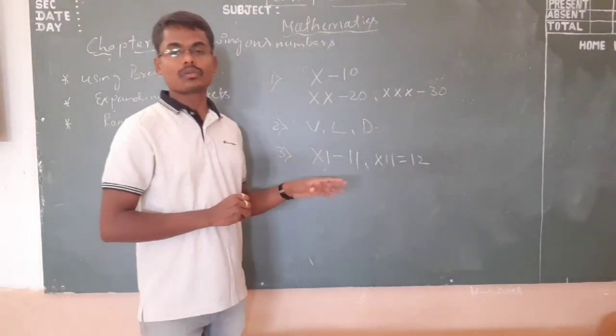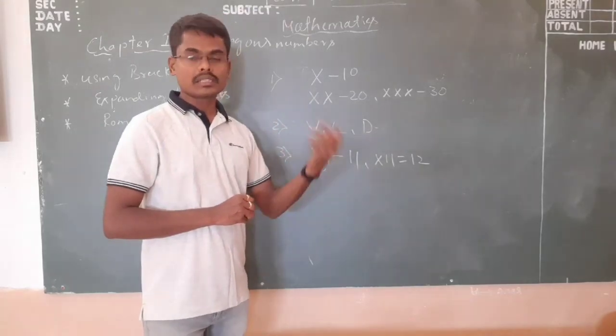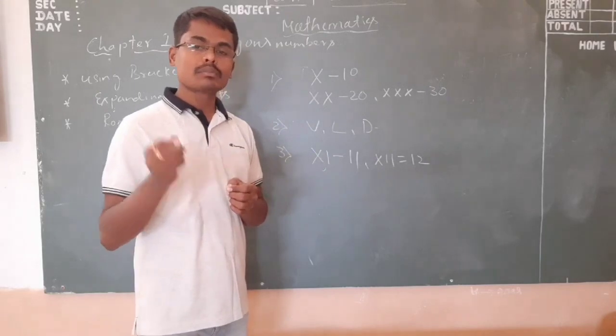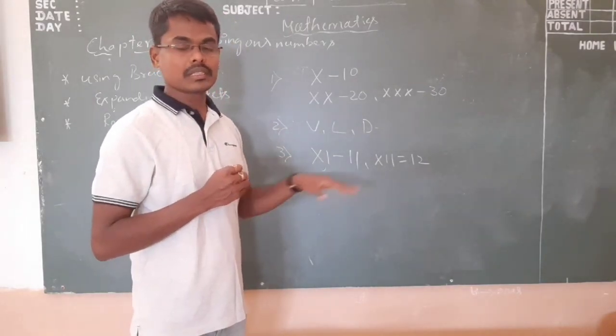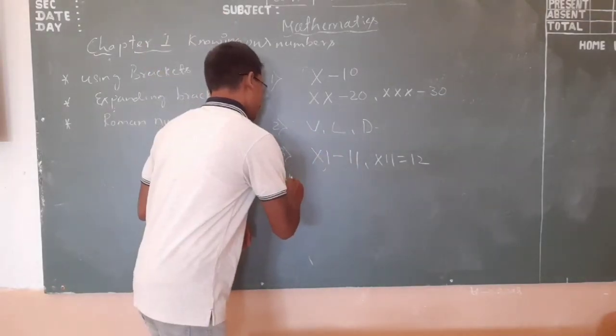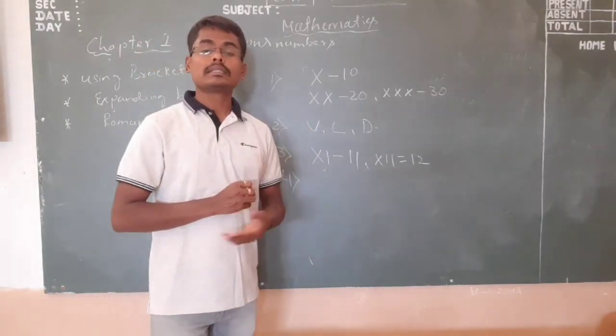The third rule indicates that when we are writing great numbers, we write the small numbers after the great number. This is number 3.